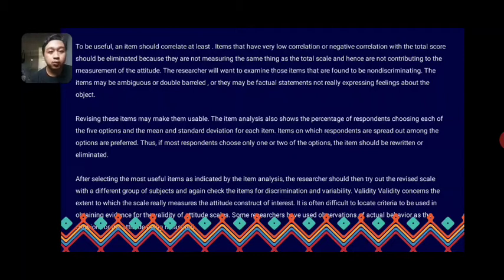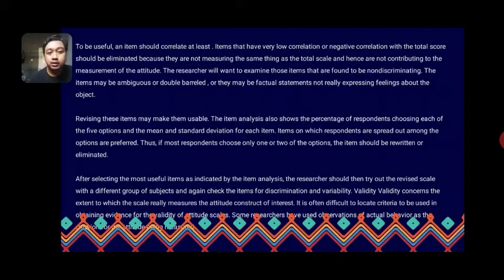The researcher will want to examine those items that are found to be not discriminating. The items may be ambiguous or double-barreled, or they may be factual statements not really expressing feeling about the object. Revising these items may make them usable.